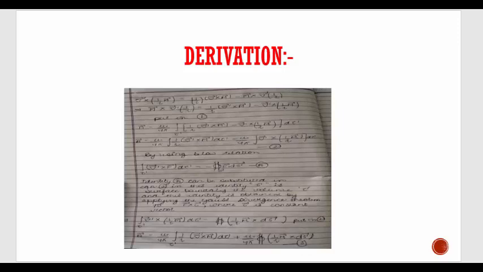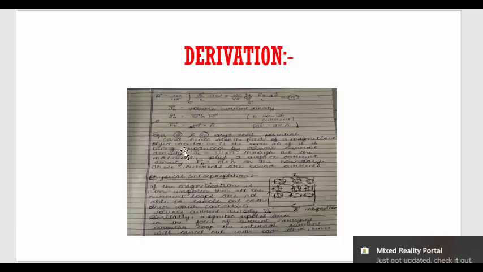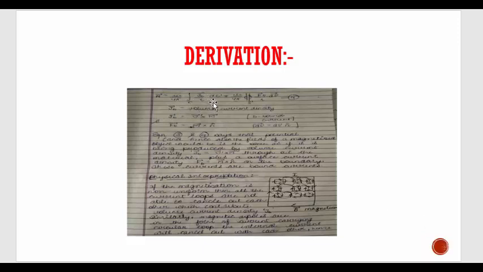After following these steps and identities, we get A vector equal to mu naught upon 4 pi, triple integration of J_b upon R into d tau dash, plus mu naught upon 4 pi, surface integral of K_b upon R into d a dash.